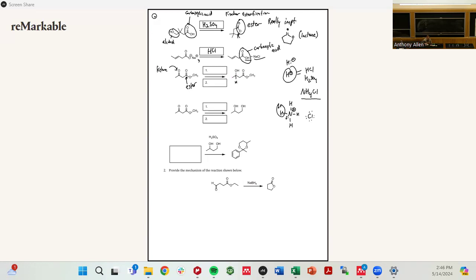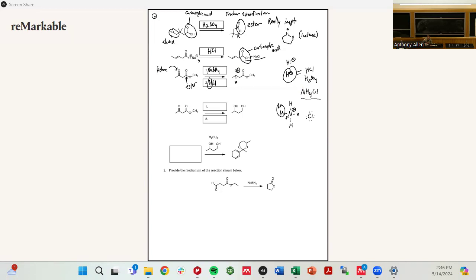And if I didn't reduce the ester, which of the hydrides did I use? Sodium borohydride, NaBH4. And then I heard Susie say it. What do I need for the second step? Yeah, HCl, H2SO4, NH4Cl, just something to provide that hydrogen.